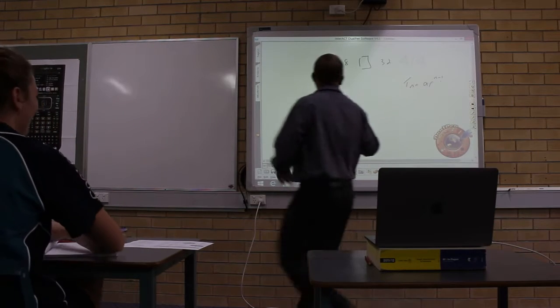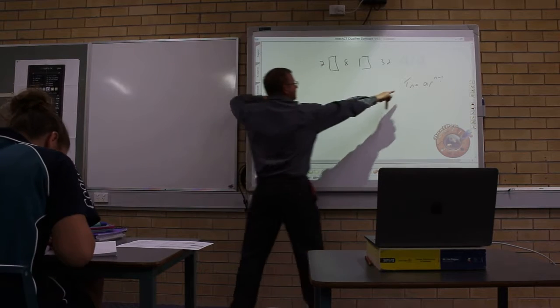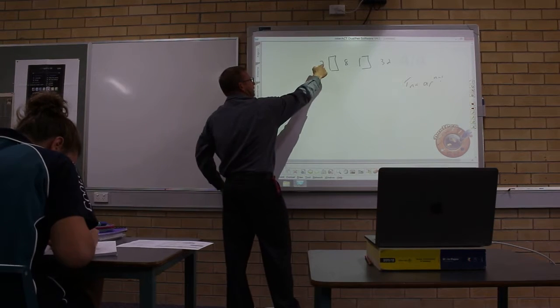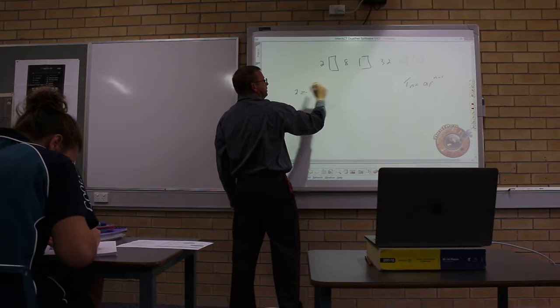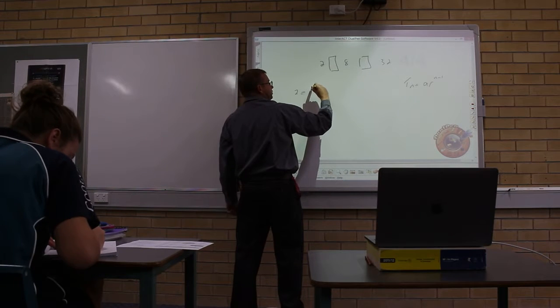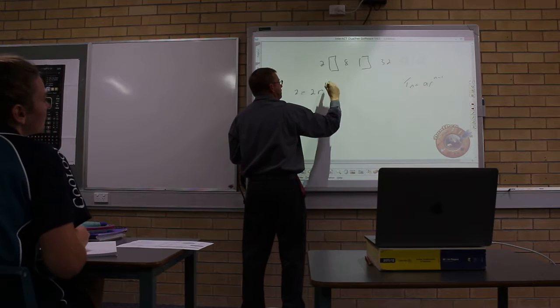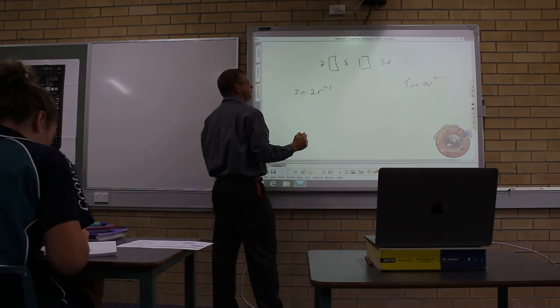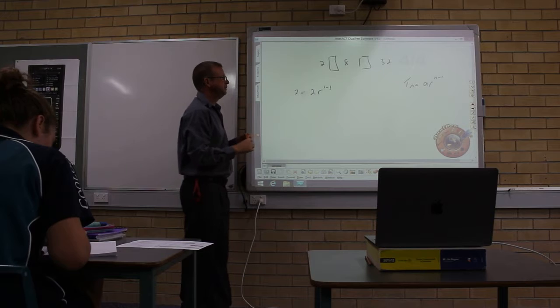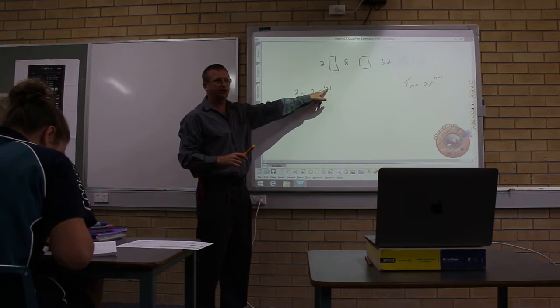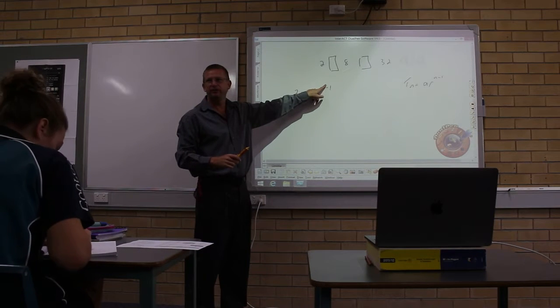Okay, so term n. So term 1, n is going to be 1, so 2 equals, a is 2, so 2 r to the, what's n? 1 take 1, so it'll be 1 minus 1. What's 1 minus 1? 0. What's r to the 0? 1.